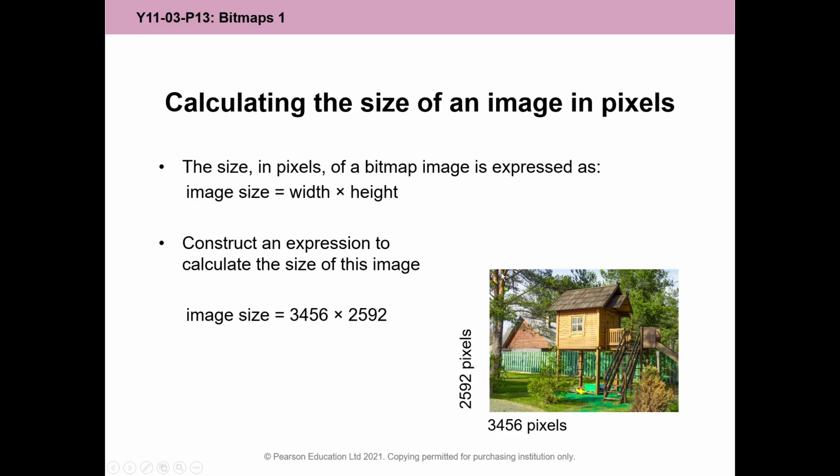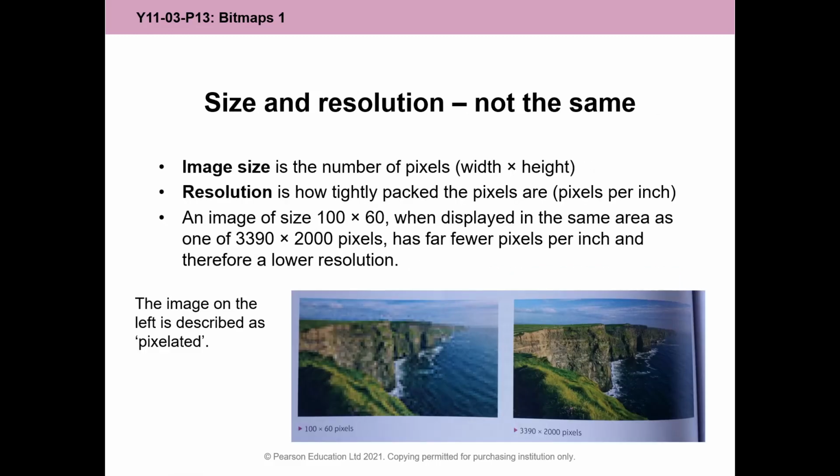Often there are 24 bits per pixel, 8 bits for the amount of red, 8 bits for the amount of green, and 8 bits for the amount of blue. This afternoon we'll do some examples of that. So 3 bytes, 24 bits per pixel. So you do all of that multiplied by 24, and then you'd have to divide by 8 to go from bits to bytes. And then you might have to divide by 1024 to go to kibibytes, or maybe have to divide by 1024 again to go into megabytes, depending on the question.